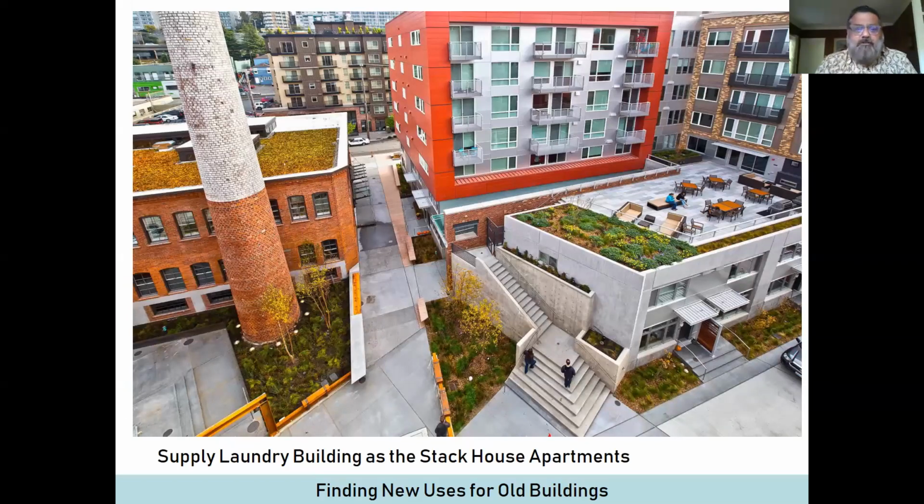So this is also a green rehab. Green rehab, as many of you may be familiar with, uses less energy than a typical building of its size and function. The Supply Laundry building, as part of the Stack House apartments, uses 50% less energy than a typical building of its size and function.